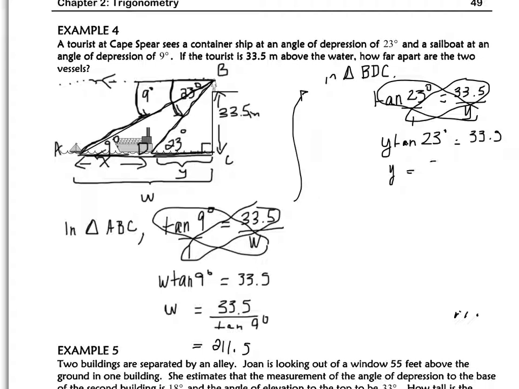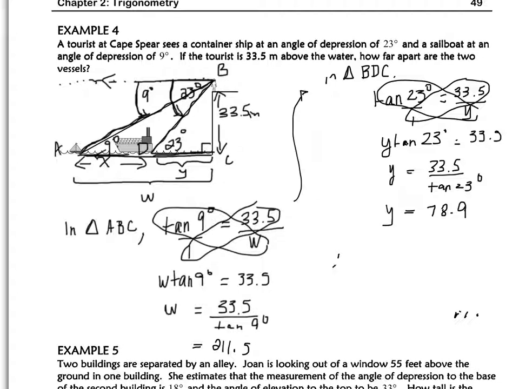So Y would equal 33.5 divided by tan of 23, which would give you 78.92105 around there, so rounded to 1 decimal place would be 78.9.